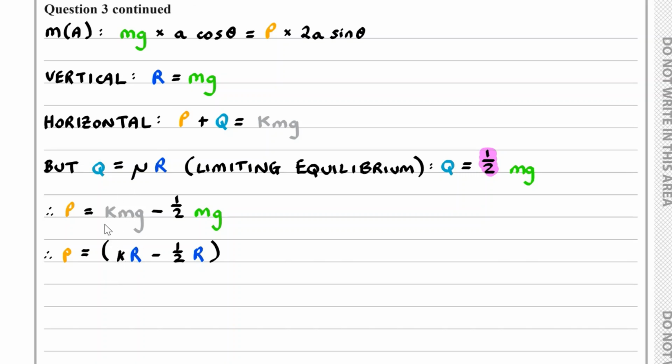And so if we substitute everything back into the equation here, we've got mg, which we now know is R. We then multiply this by A cos theta, and this is equal to P. Now, we know that P is equal to K multiplied by R minus 1/2 R. And then we have A sine theta.